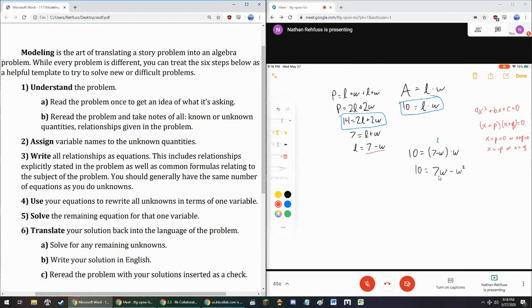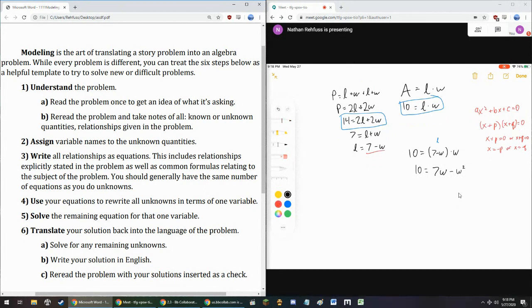So the first thing I'm going to do is rewrite this equation so that one of the sides is 0. Let's go ahead and make it the right side. So I can add w squared to each side, and I can subtract 7w from each side. Whoops, not equals. Plus 10 equals 0.